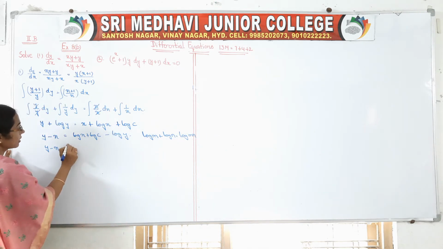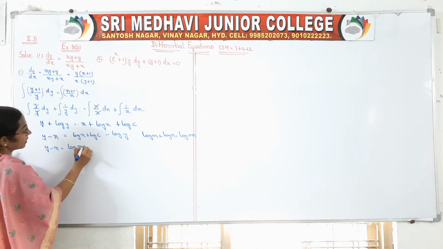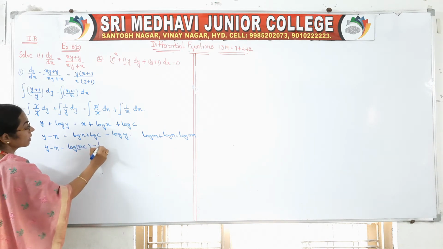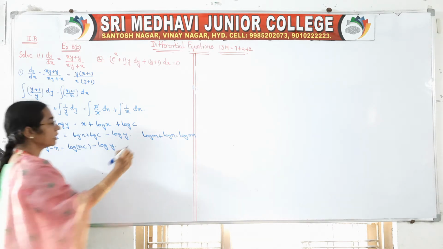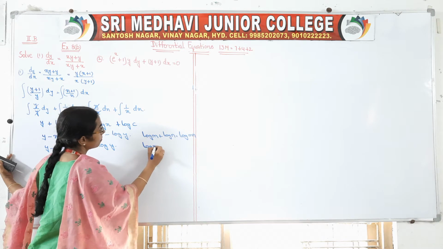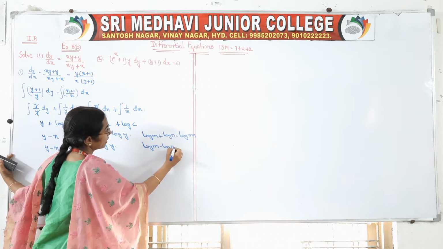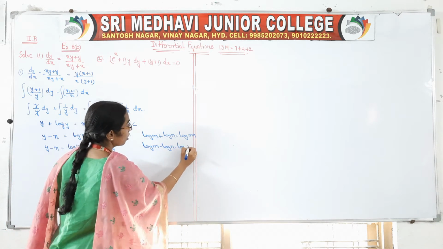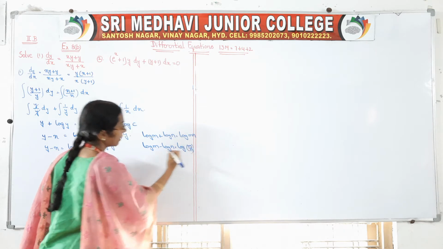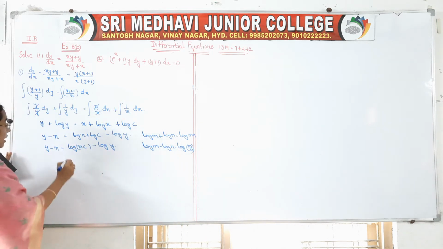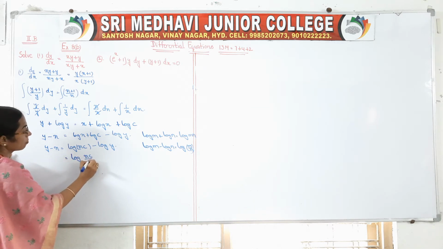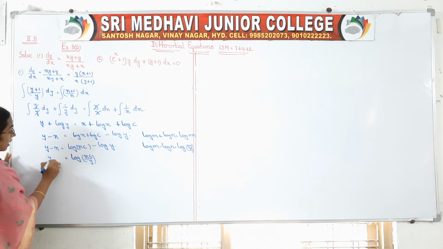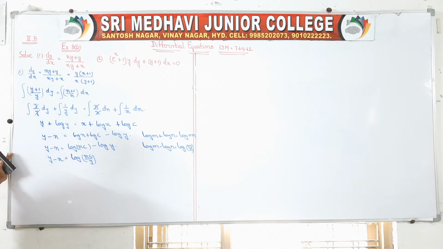So, we can write this as log of xc, okay, minus log of y. Now, again it is of the form log m minus log n, then we can write that as log of m by n. Okay. So, we can write this as log of xc by y. This side it is y minus x. That is the answer of your problem.